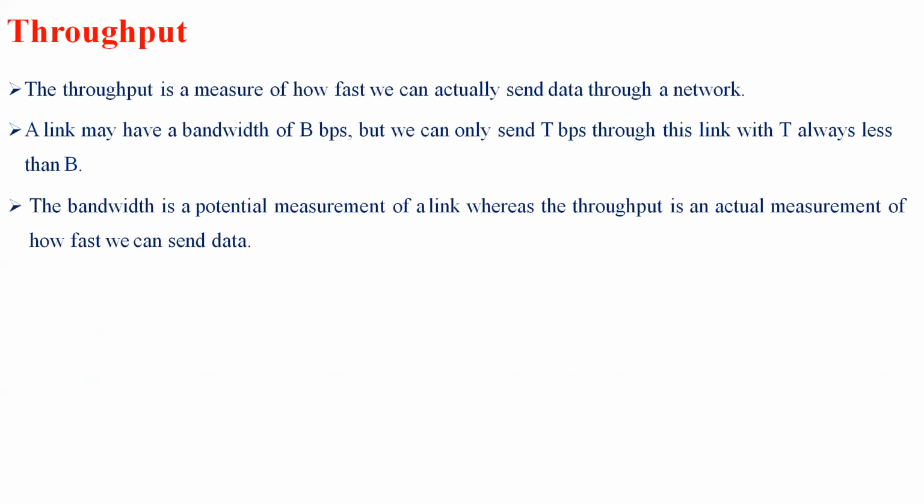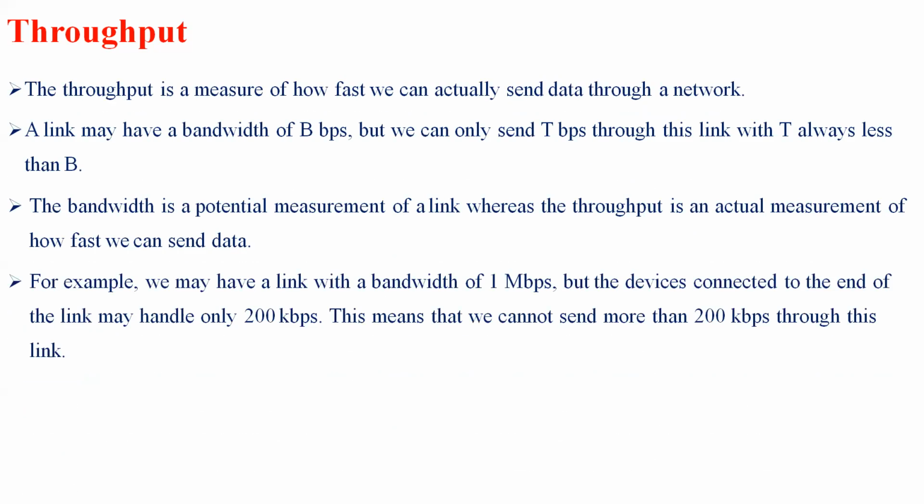Bandwidth is a potential measurement of a link, whereas throughput is an actual measurement of how fast we can send the data. Here is an example. We may have a link with a bandwidth of 1 Mbps, but the devices connected to the ends of the link may handle only 20 kbps. At that time, we cannot send more than 20 kbps.